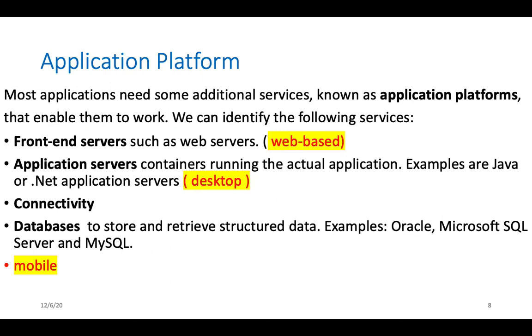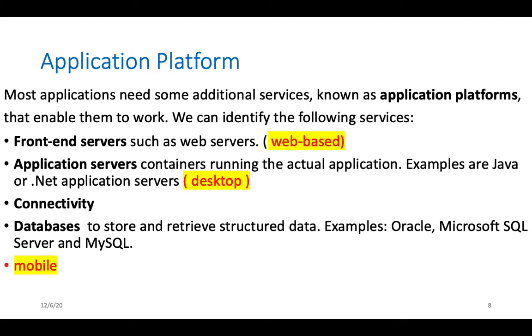Those services run as a platform. What kind of services do we have? We have plenty of services. As I told you, if you run the command services.msc, you will find plenty of services in your computer, which I'm going to show you during the lab time.